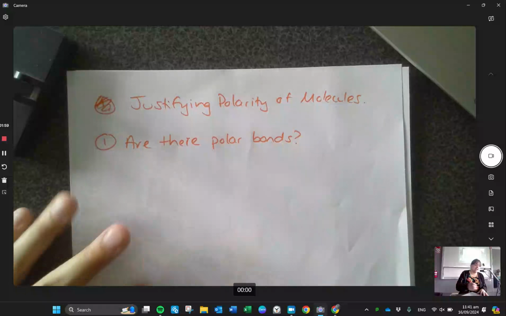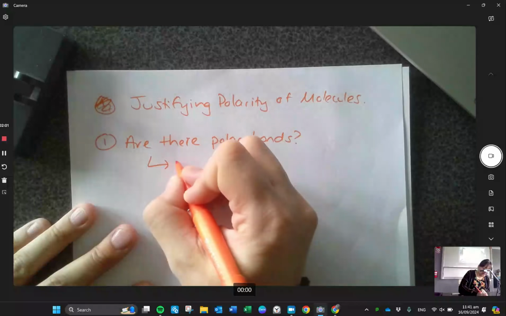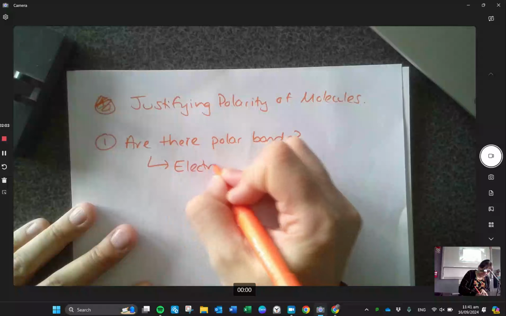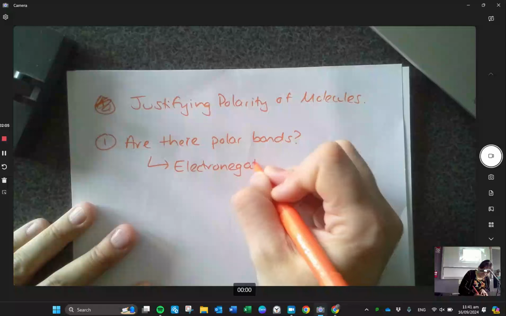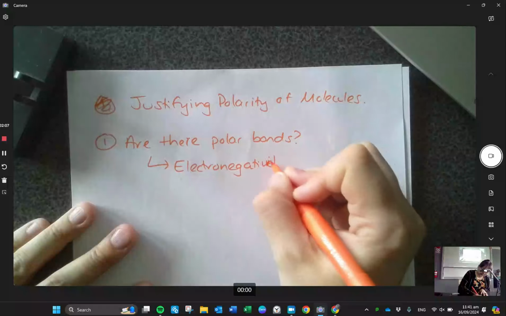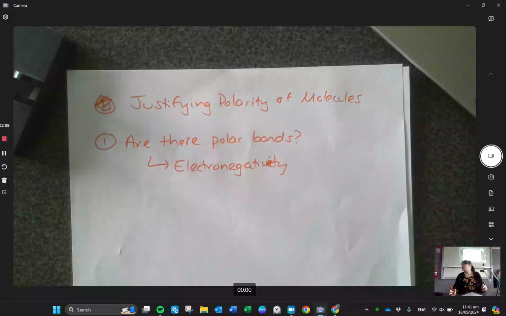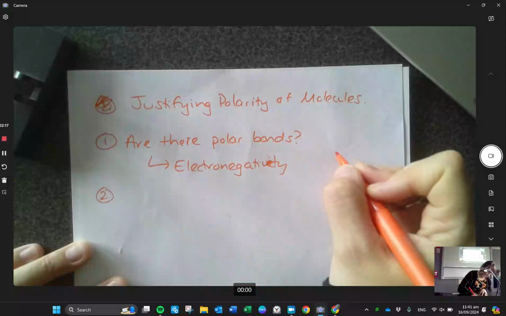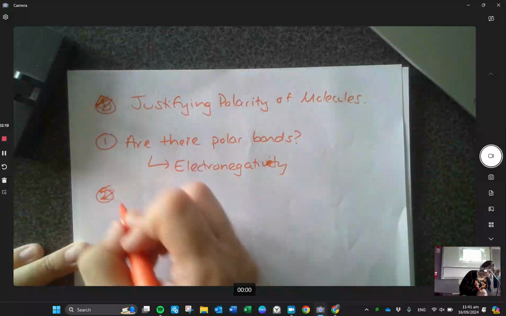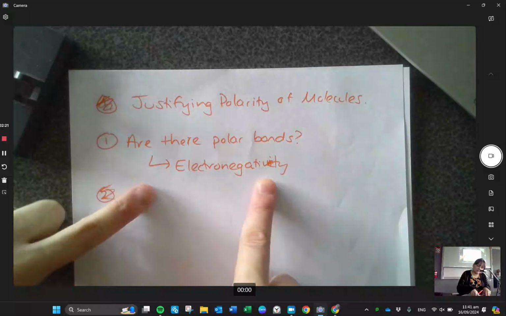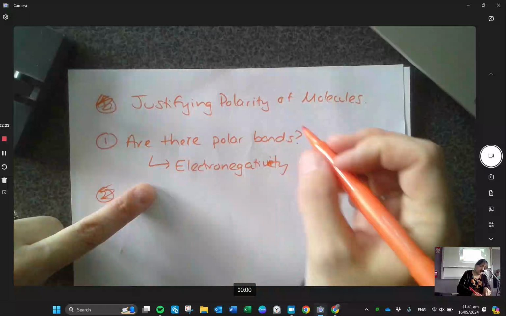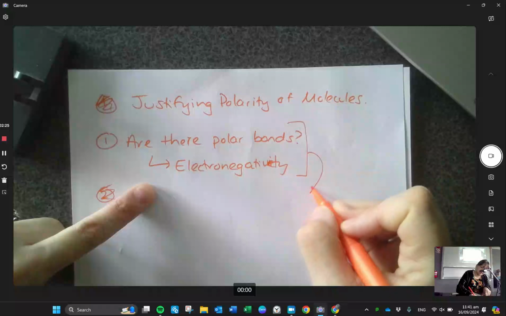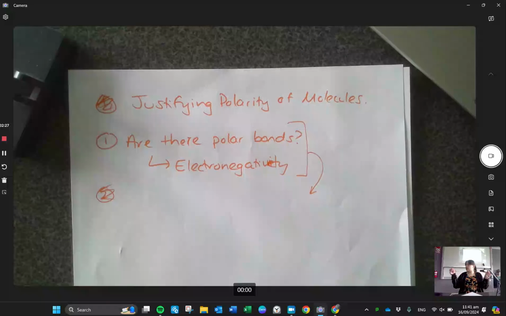That's going to tie into the concept of electronegativity. And then the second thing we need to think about is the symmetry of the molecule. Sorry, I should backtrack. Are there polar bonds? This has to deal with electronegativity. When we look at these two things, that's going to tie into, do we have an unequal distribution of charge?